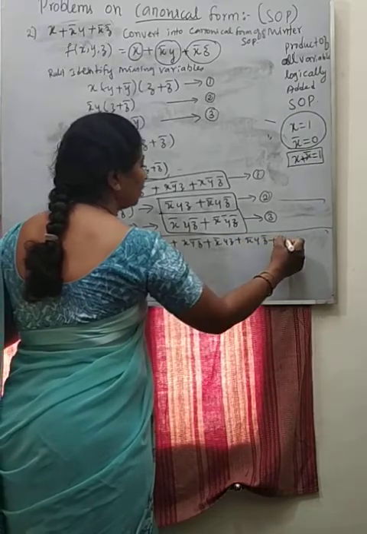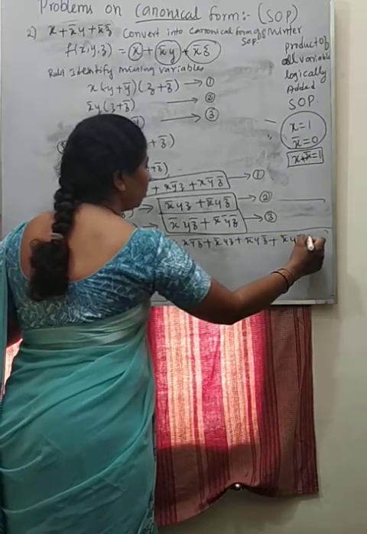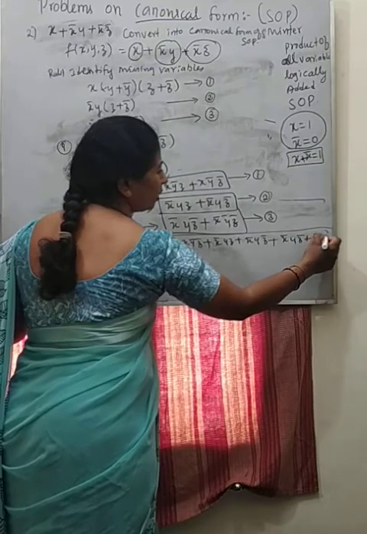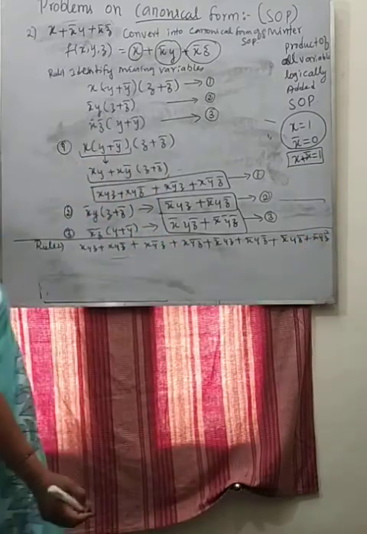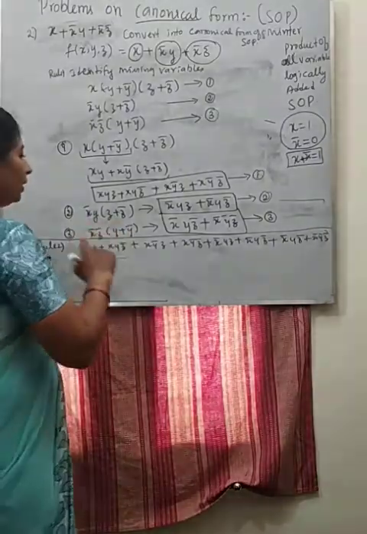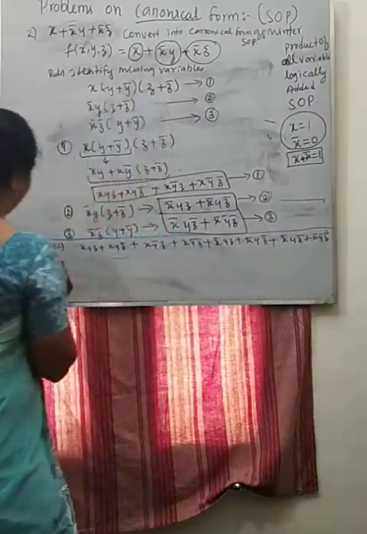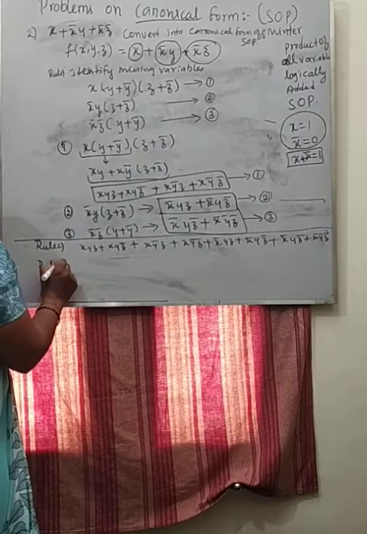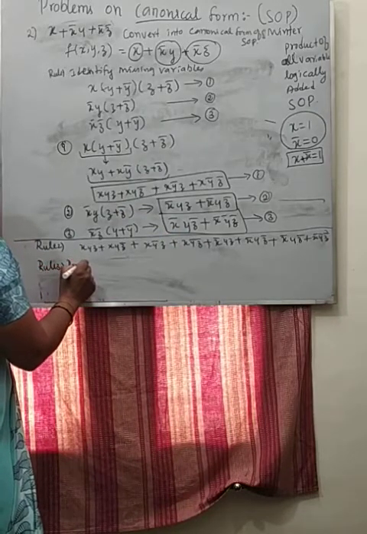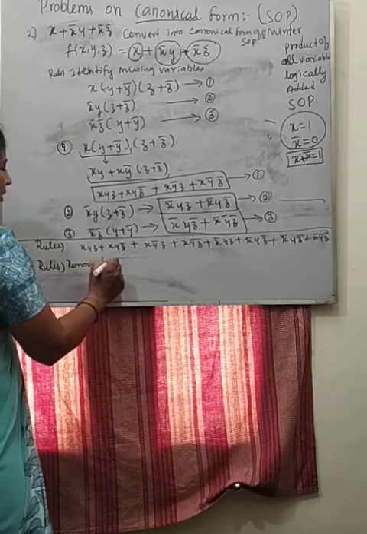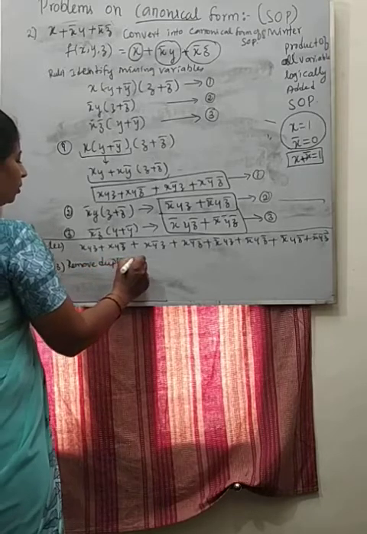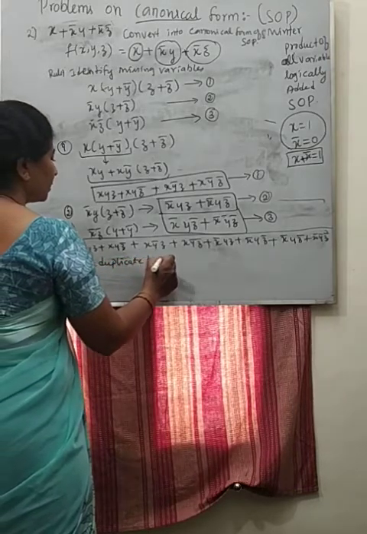Third equation: x complement yz complement, x complement y complement z complement. Identify the repeated terms. Is there any repeated xyz? No. According to our rule 3, remove duplicate terms.